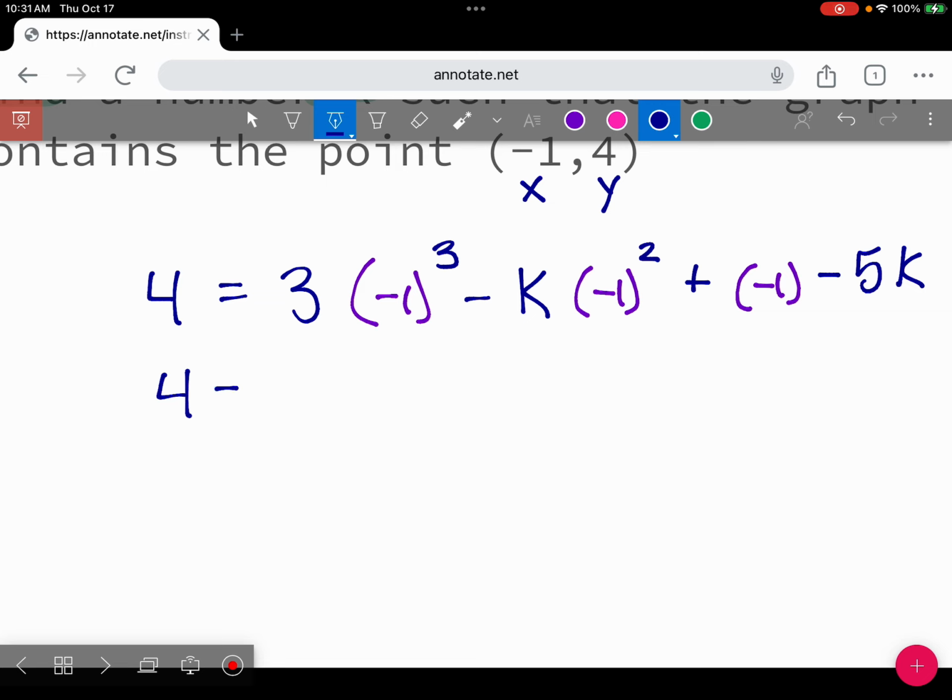So we have 4 equals: 3 times negative 1 cubed is negative 3, minus k times negative 1 squared, which is just k, so minus k, plus negative 1 gives us minus 1, minus 5k.